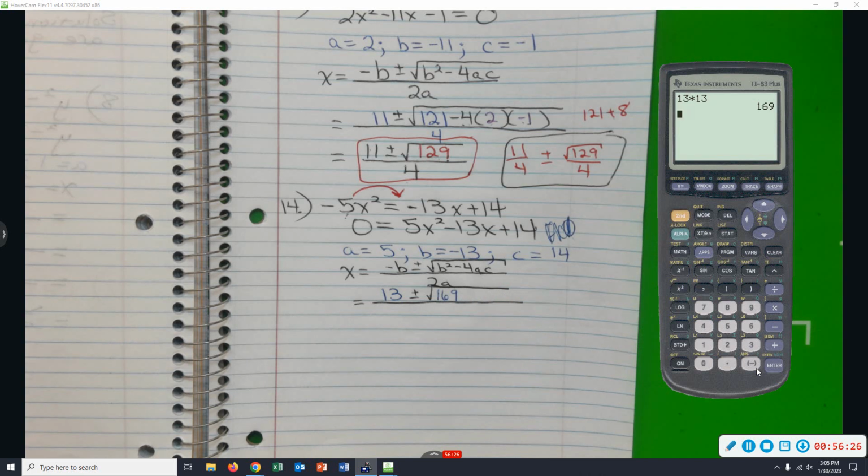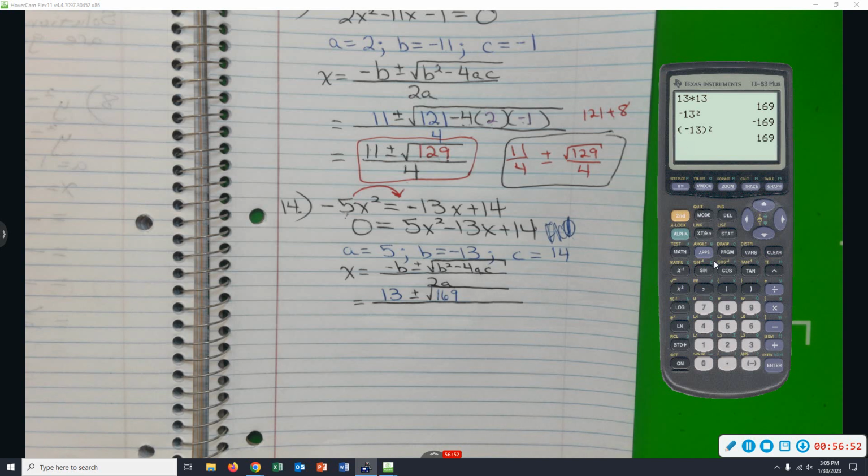Notice how with the calculator, I didn't punch in the negative. I know negative times negative is positive, so don't worry with it. If I'd done this, you would incorrectly give me the wrong answer. And it's not the calculator's fault, it's my fault for not putting the negative 13 in parentheses.